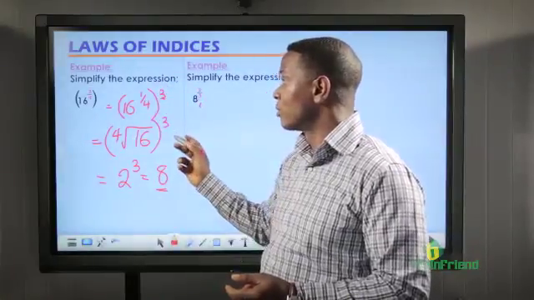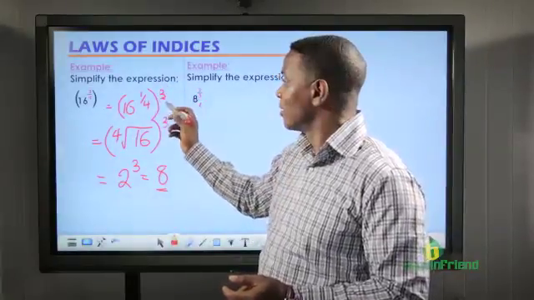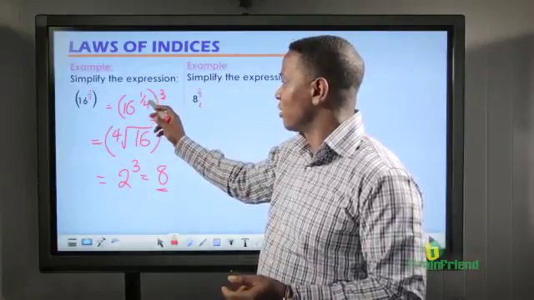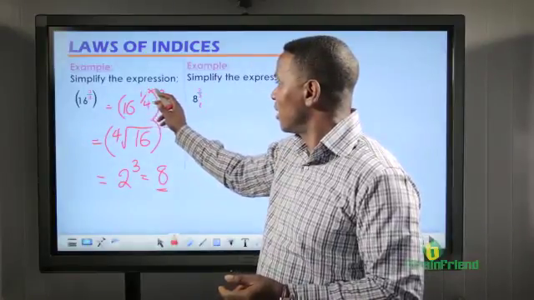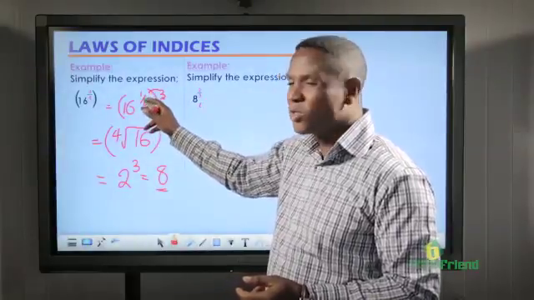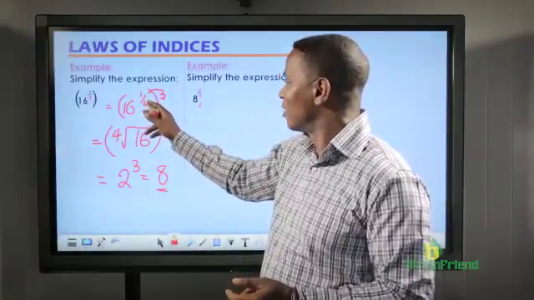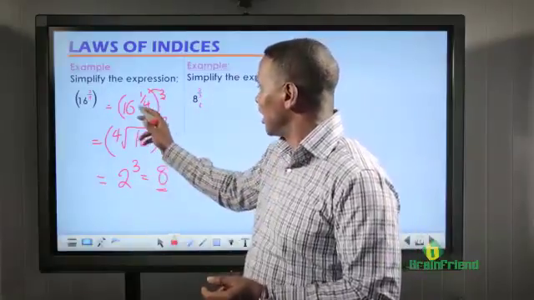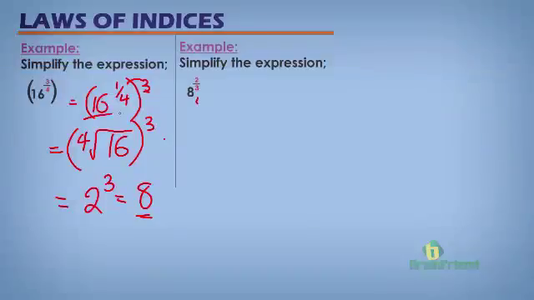But we also said it could be either way. We said earlier that the multiplication for such cases is commutative. This simply means that this same statement could be written as 16 raised to power 3, and of course our fractional power outside of the bracket.